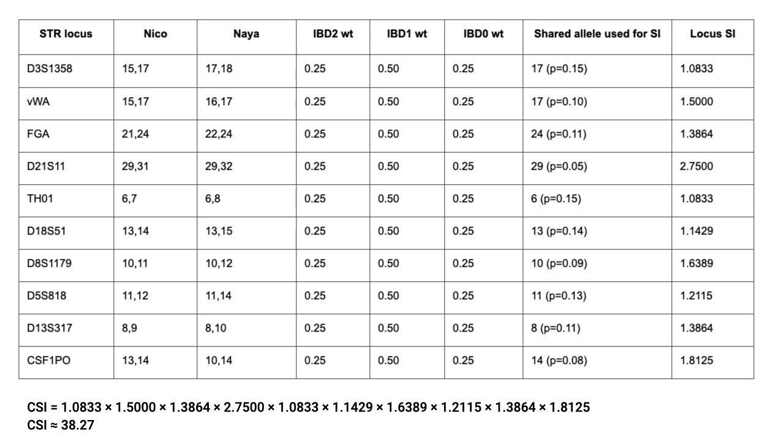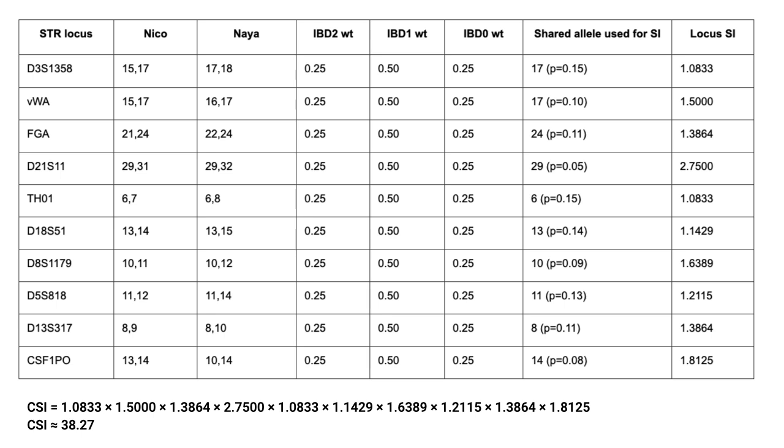Example, Nico and Naya's DNA profiles. Let us now look at a concrete example involving Nico and Naya. Their DNA profiles are compared across several STR loci. At each locus, we observe whether they share 0, 1, or 2 alleles.